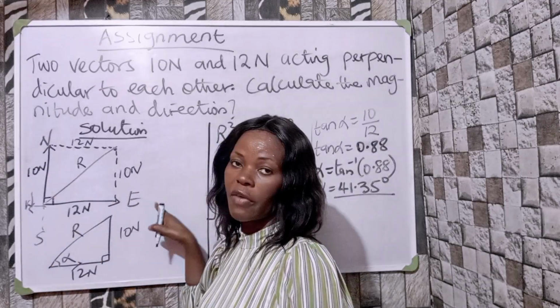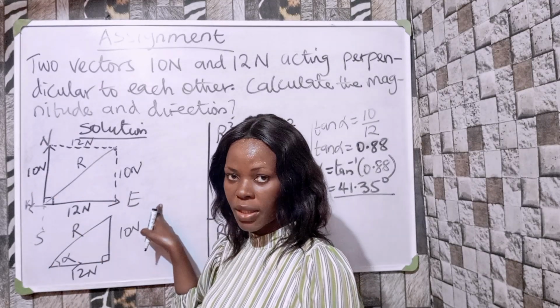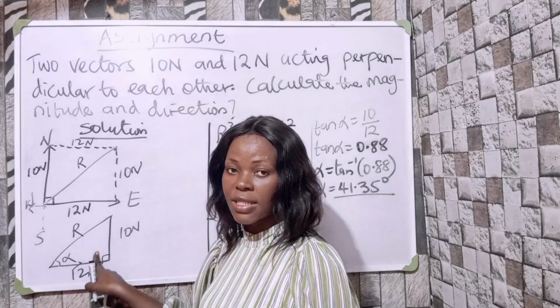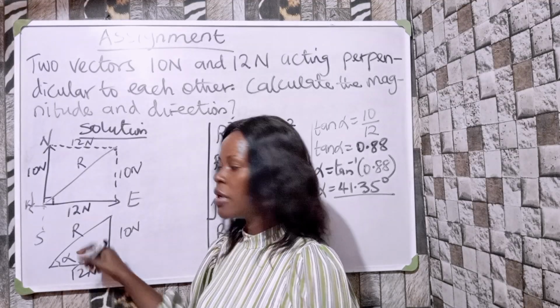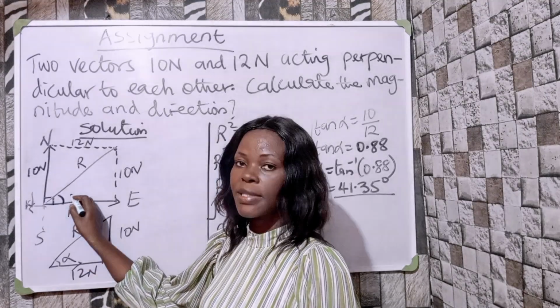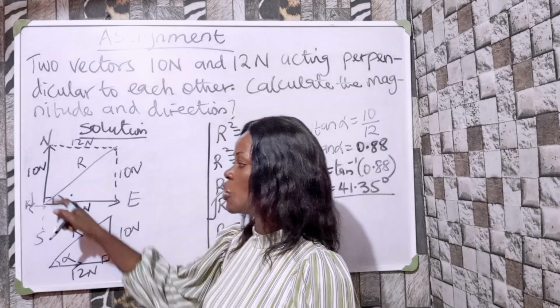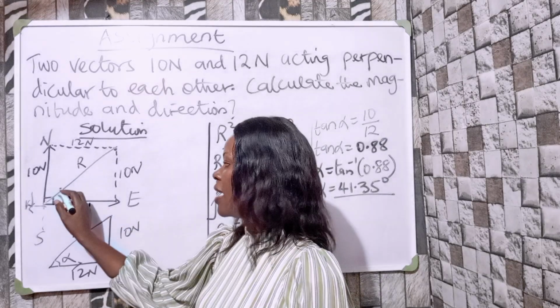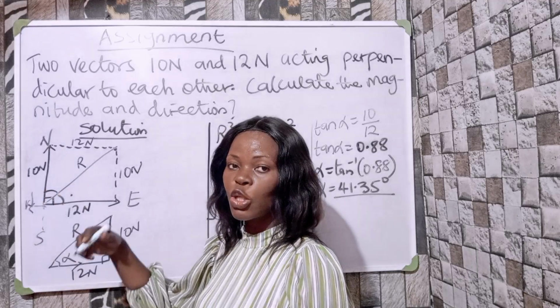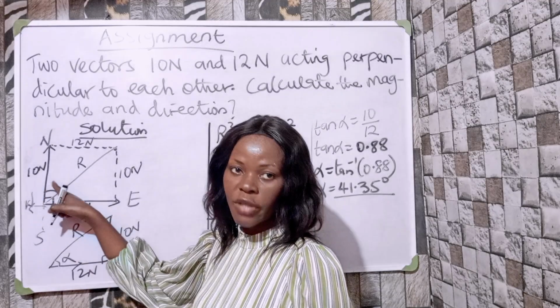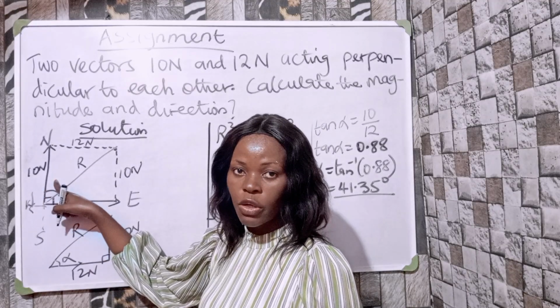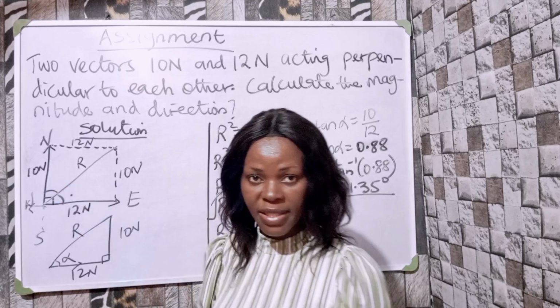You can't take direction from the horizontal. Because I chose this down part of the triangle, my direction becomes here, but this is not my true direction. If you decide to choose the up part of the triangle, anything you got here as your angle, you don't need to subtract it to get your true direction because it's already your true direction. I hope you understand that.